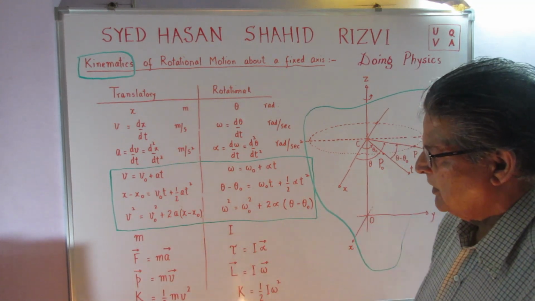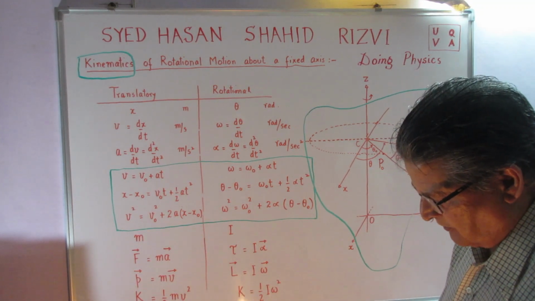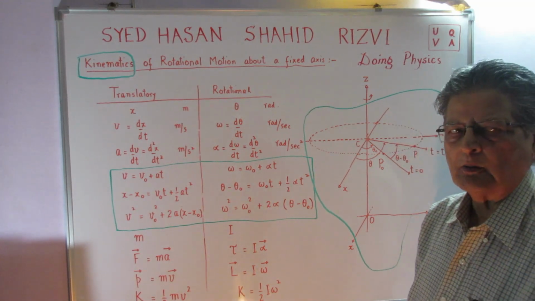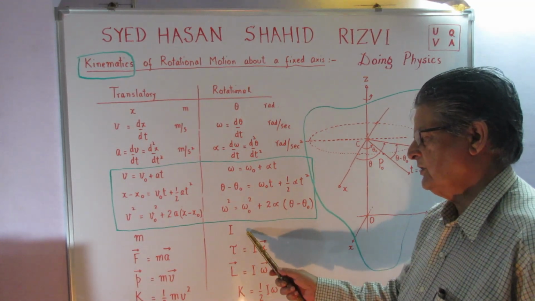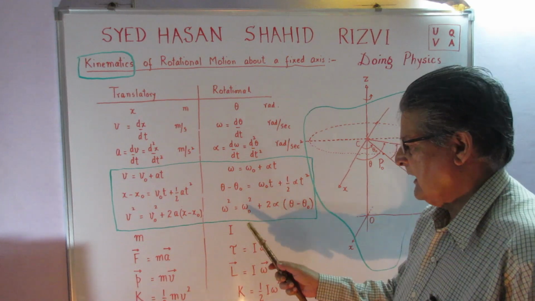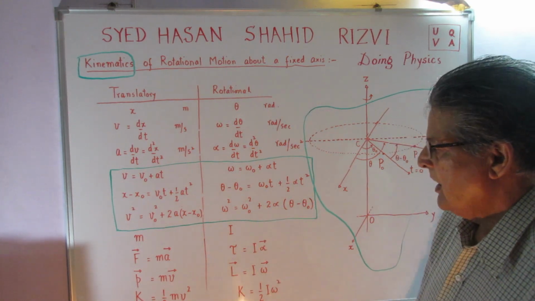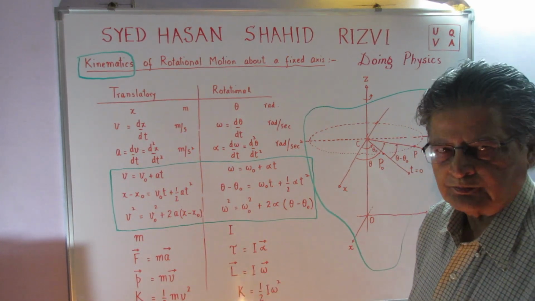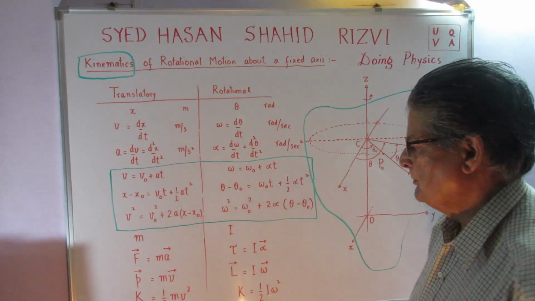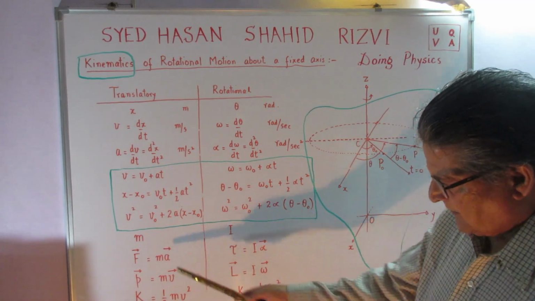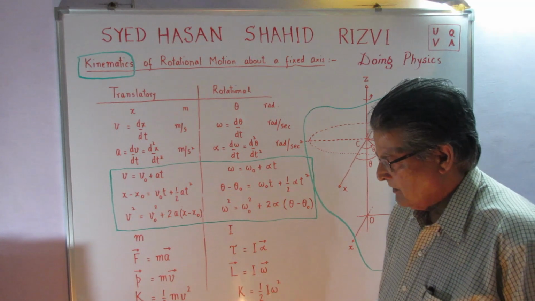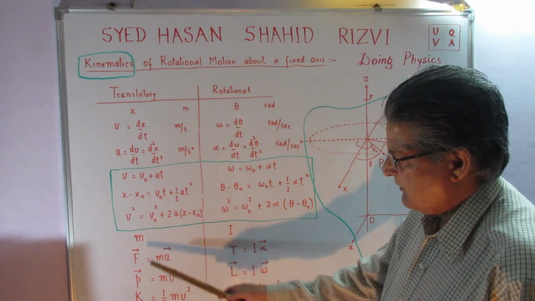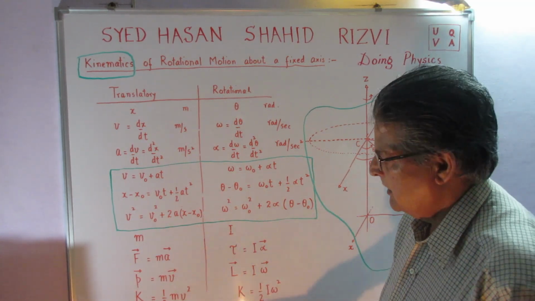Similarly, this is called the moment of inertia. The moment of inertia is an analog of mass, similar to mass. Then we had Newton's second law, which he defined as F is equal to ma.